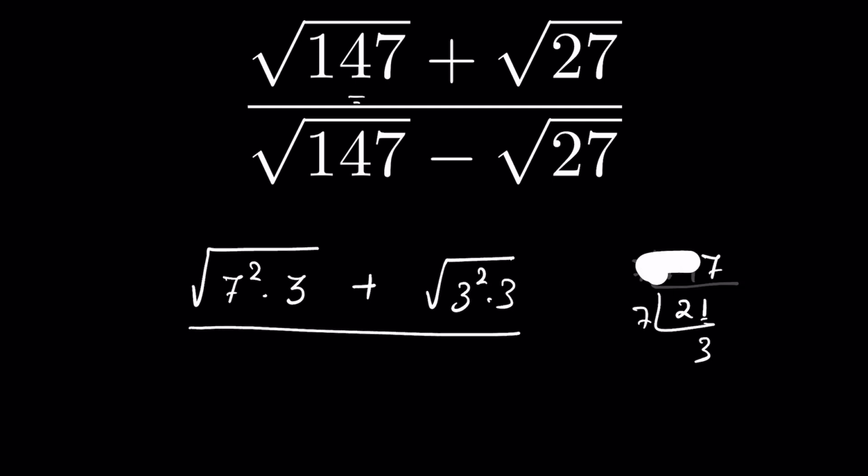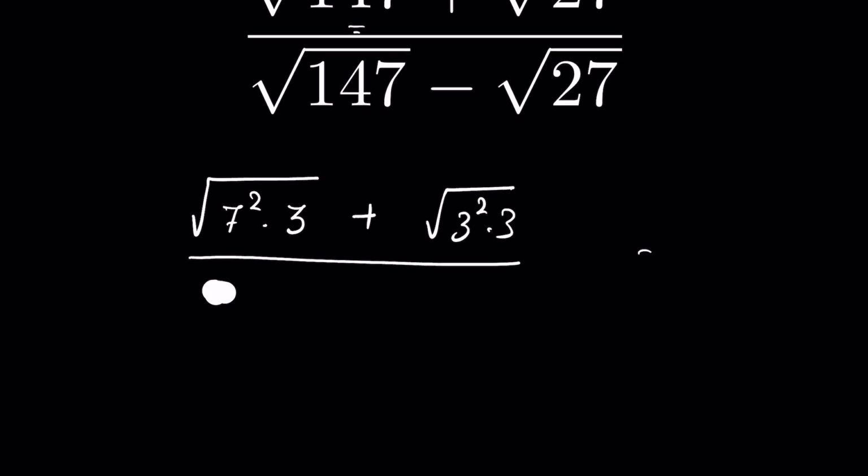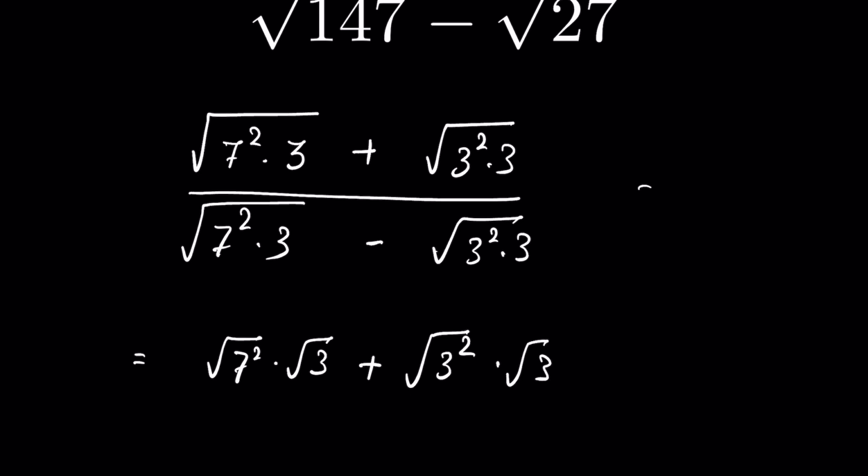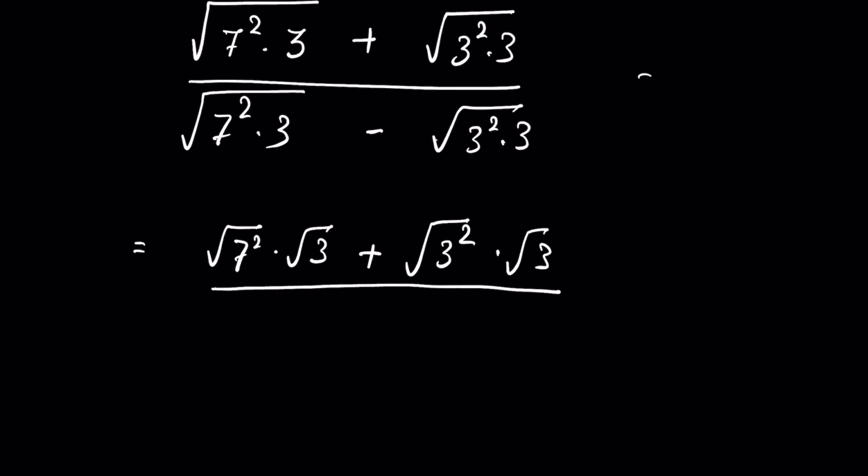upon square root of 7 square times 3 minus square root of 3 square times 3. Now this means it is square root of 7 square times square root of 3 plus square root of 3 square times square root of 3, then upon the same in the denominator, minus square root of 3 square times square root of 3.